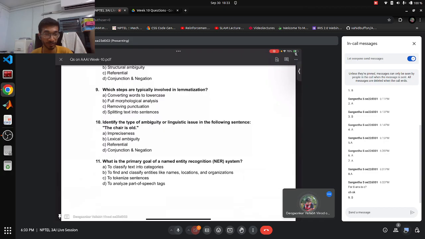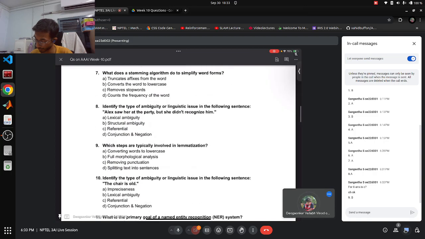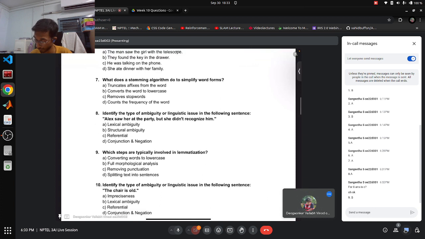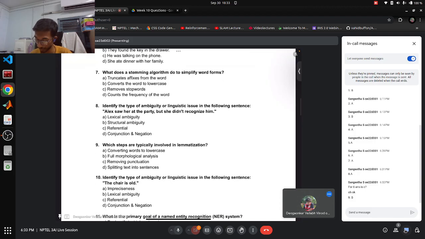The ninth question says which steps are typically involved in lemmatization operation. So the answer is full morphological analysis. These two terms, lemmatization and stemming, kind of do the same process, but in general, stemming is a faster approach because it has a very algorithmic approach to getting the stem or the root word.